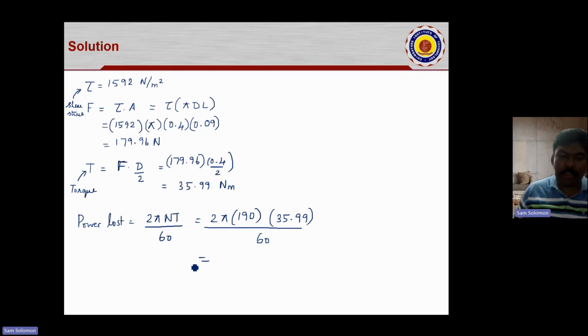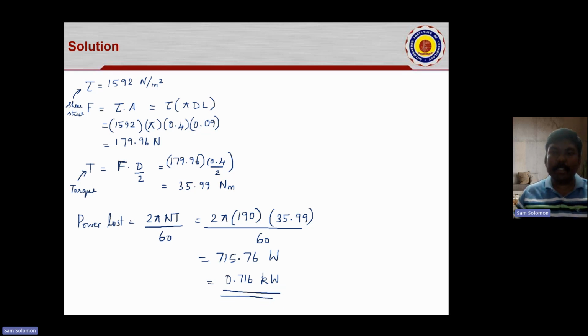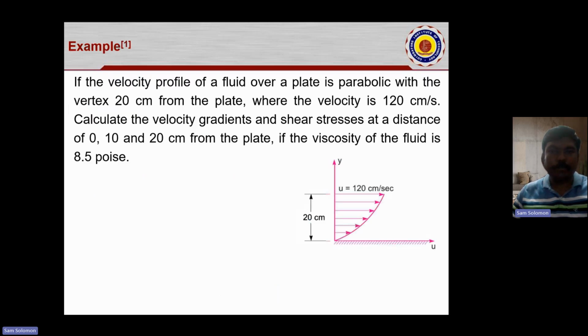So that is 715.76 watts. Or if you want to write it in kilowatts, then it is going to be 0.716 kilowatt. Okay, so it is pretty simple, except that you need to use the equations for torque and force. That's it. So now we are able to find out the value of the power lost.